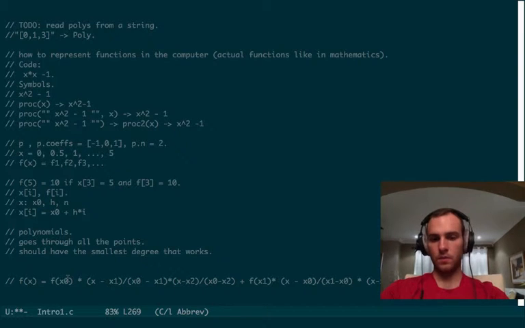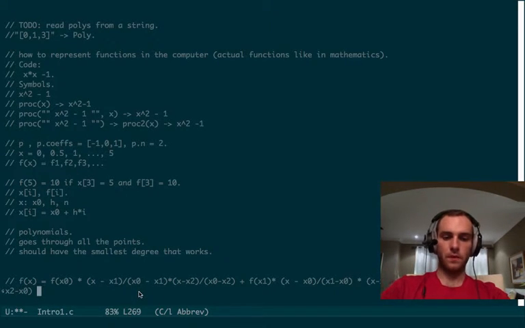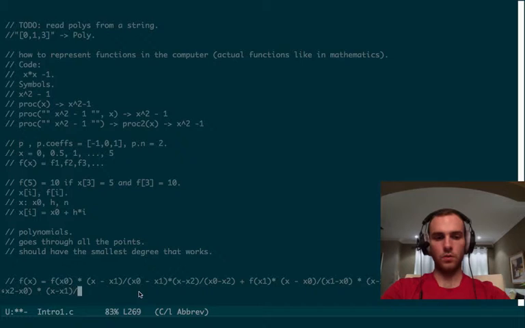You need that term to cancel every other term, and then you have to divide by the thing it has to be when this term is active, so that this is 1. Okay, and you have another similar factor, so x minus x1 over x2 minus x1, right?